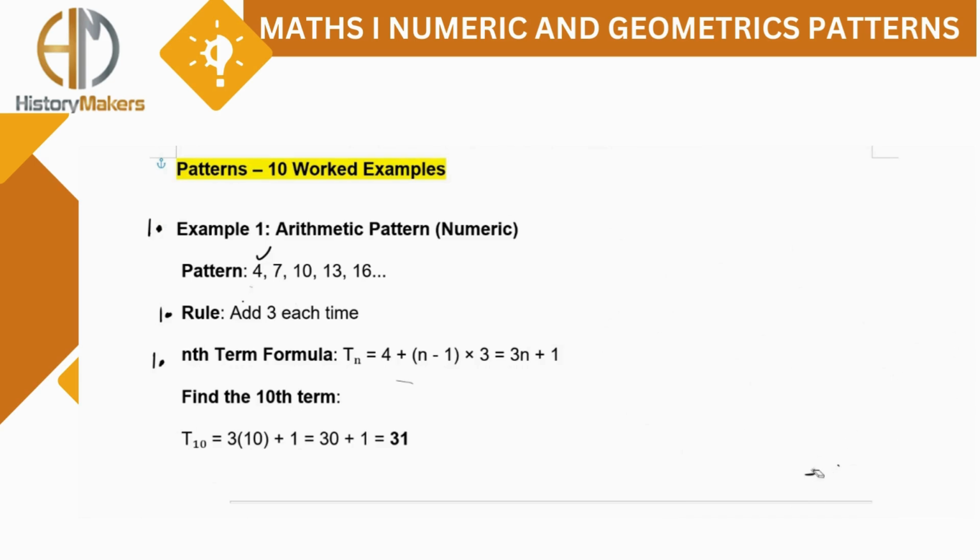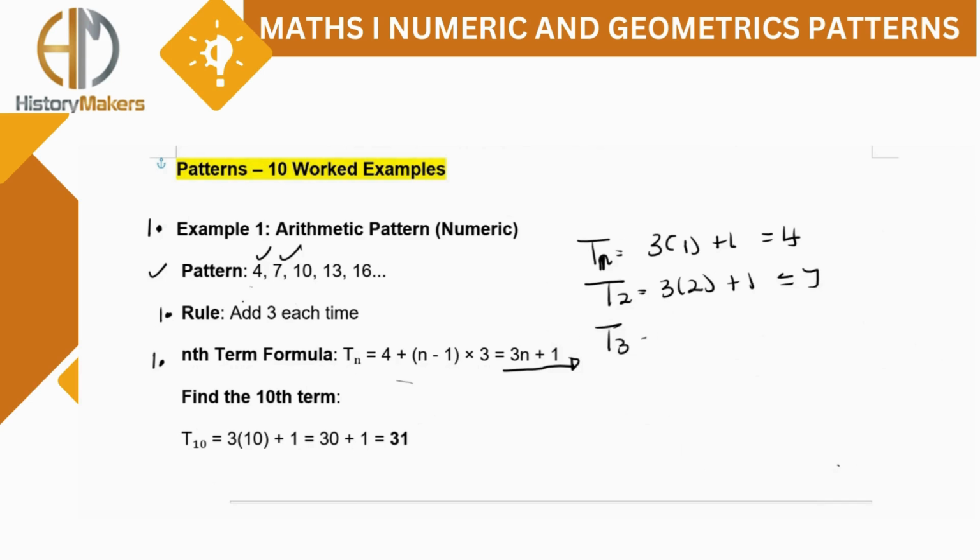So here is how we can confirm our Tn is correct. We know that this Tn is the nth term formula for this pattern. Now if we substitute term number 1, 3 times 1 plus 1, we get 4, which is this. Term number 2 is 3 times 2 plus 1, which is 7, our term number 2.